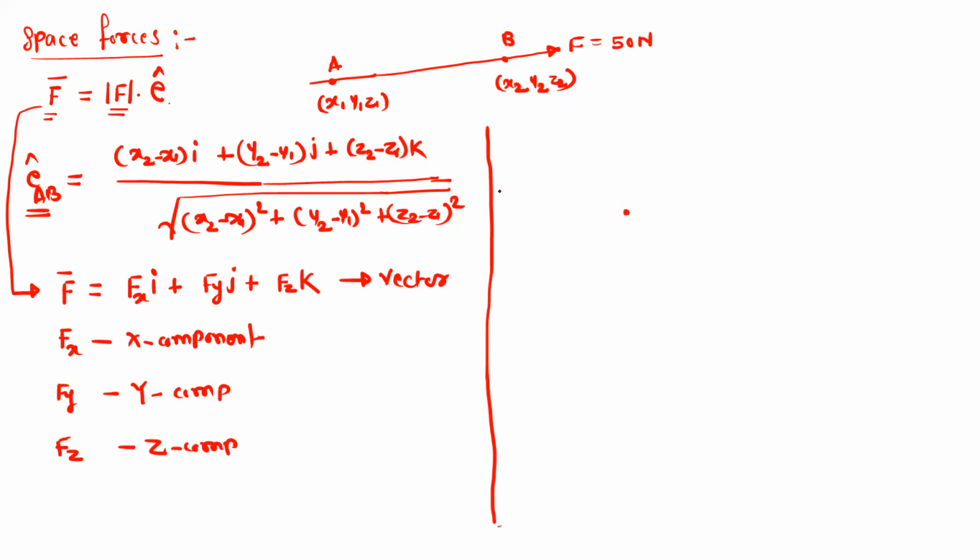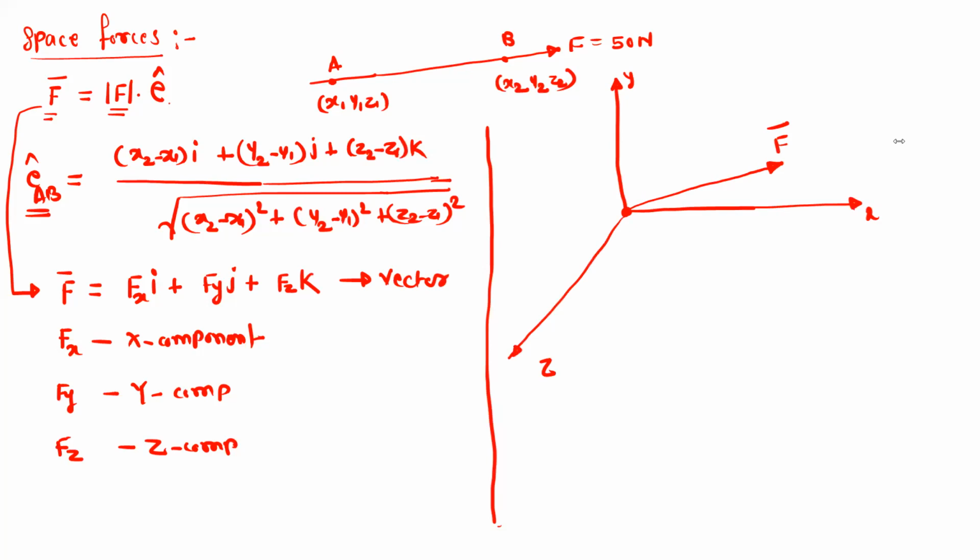So force can be represented with the help of the angle with respect to x, y and z axis. This is the three-dimensional space represented by axes x, y and z, and we have one force starting from the origin, like this. So this is F bar.